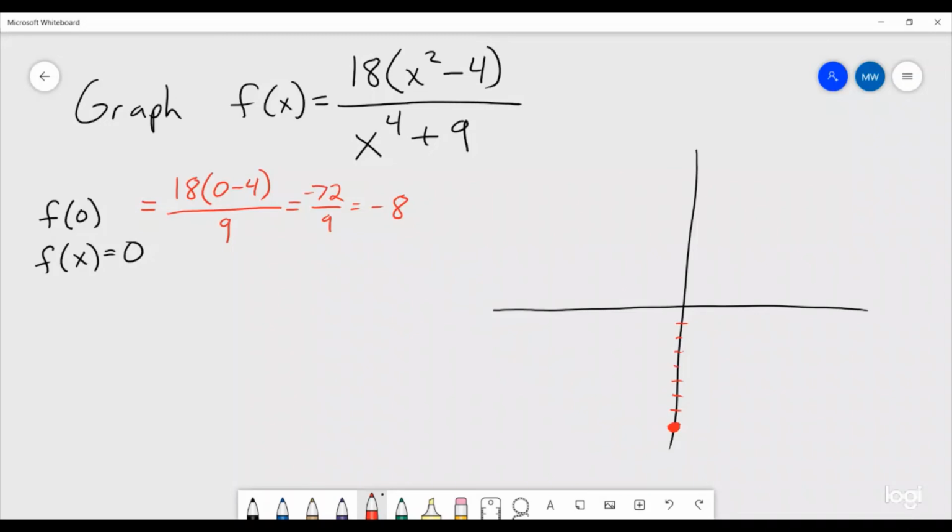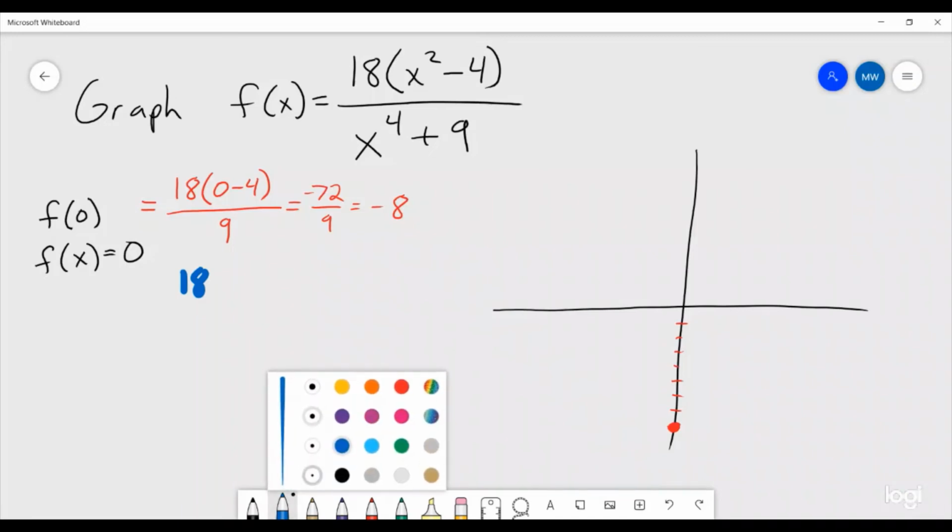The next one is we need to solve for where f of x is equal to 0. Well, f of x is equal to 0 when this fraction is 0, and the fraction is only 0 when the top is 0. So that means we can say that 18, whoa, that's huge. Let's make that smaller again.